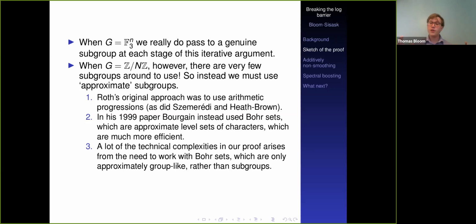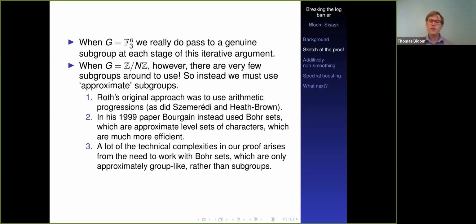With an arithmetic progression, the doubling constant is basically 2. But if I'm looking at a progression of dimension d, the doubling constant is instead something more like 2 to the d, which, especially if you're allowing d to grow, just gets very bad very quickly. So there are some aspects in which Bohr sets are good, and some aspects in which they are bad.